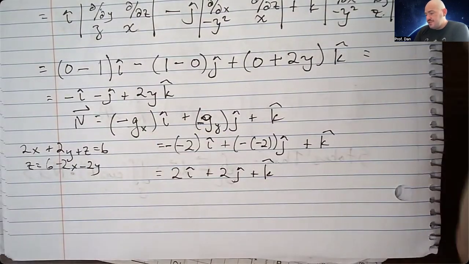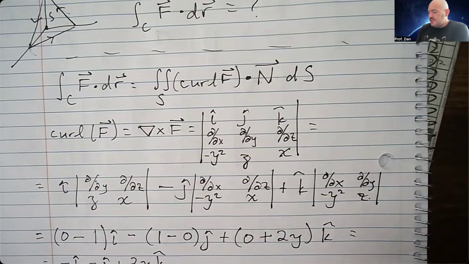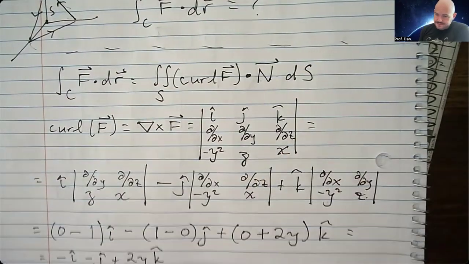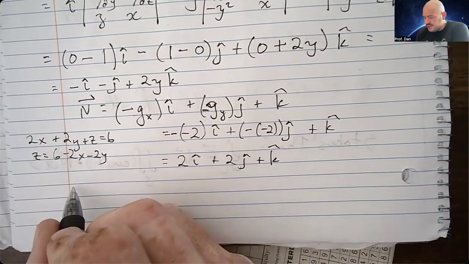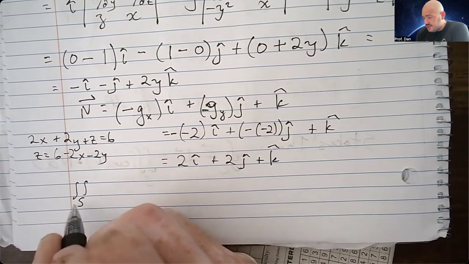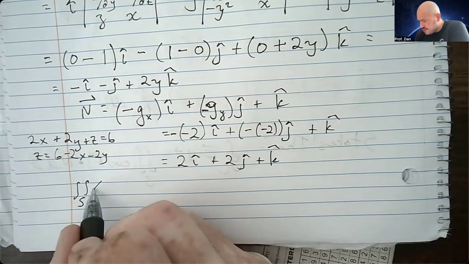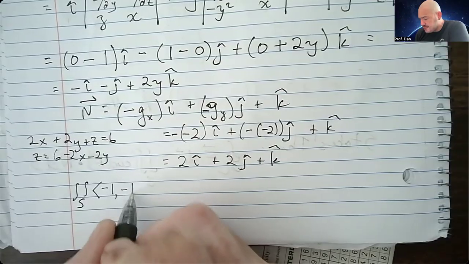So to go back to this surface integral that we're doing, we can write the surface integral out as an iterated integral, right? And if I actually write out my curl in component form, we get negative 1, 2y.